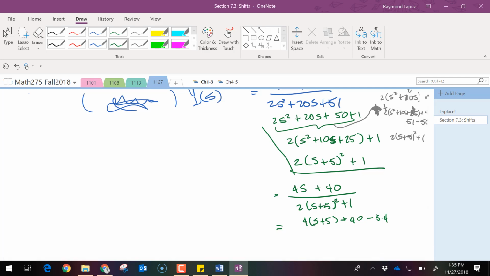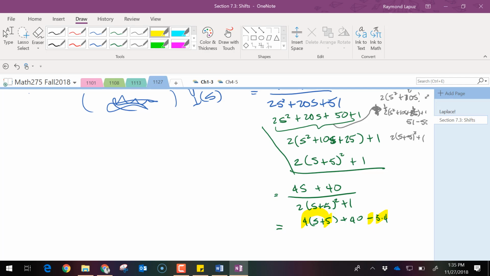Who knows what's going to be on the exam? So it's the whole idea of adding and subtracting something. Again, it's just algebra: adding and subtracting something to make it look like something else that you want it to look like. I added a 5 times 4, so I need to subtract a 5 times 4 from the 40, from the numerator.